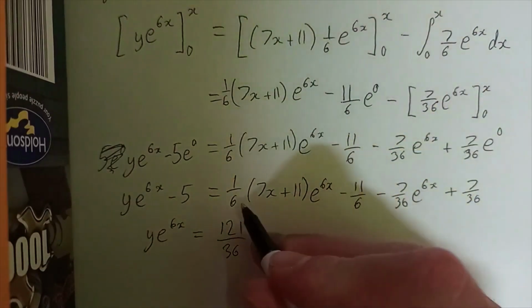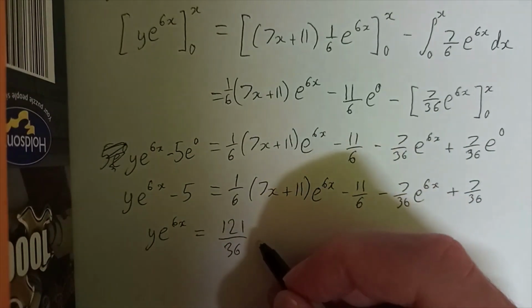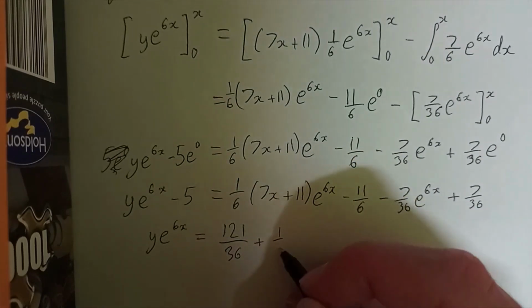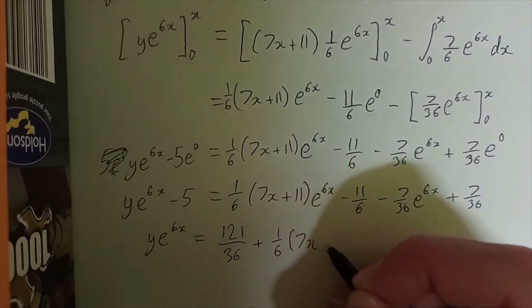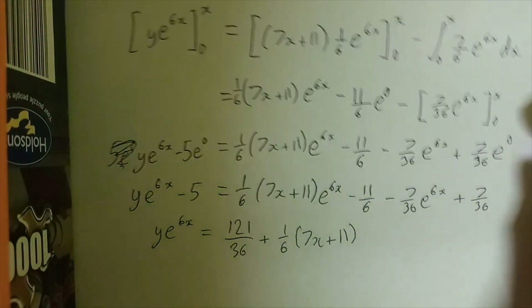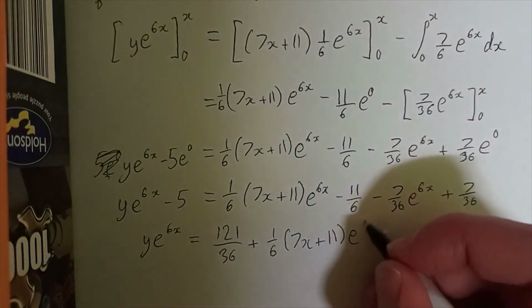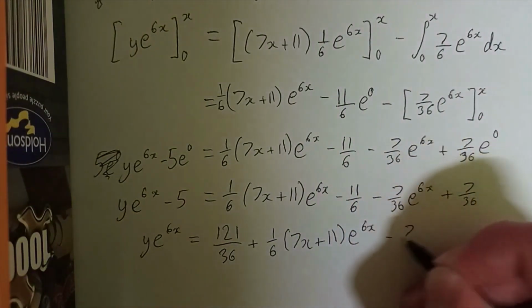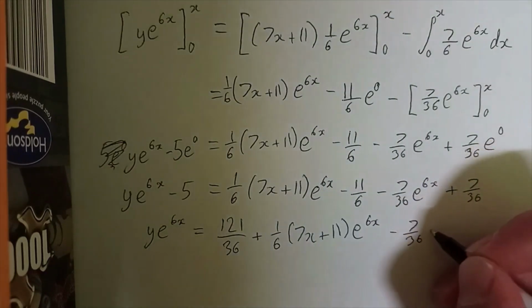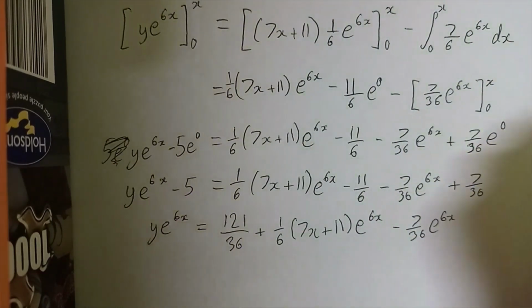And then we have this term here, plus 1 over 6, 7x plus 11 times e to the 6x, take 7 over 36 e to the 6x.